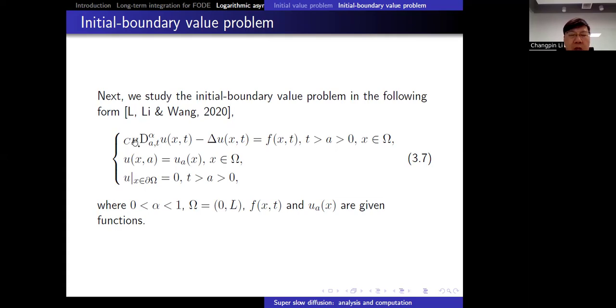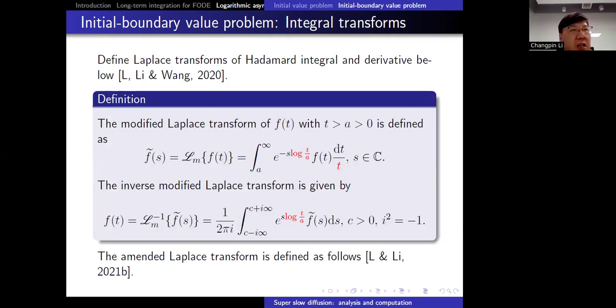This is the Caputo-Hadamard derivative, the standard Laplacian. This is the source term, and this is the initial condition. This and this are known. This is the homogeneous boundary condition. We can find a closed form solution since it is a linear model.